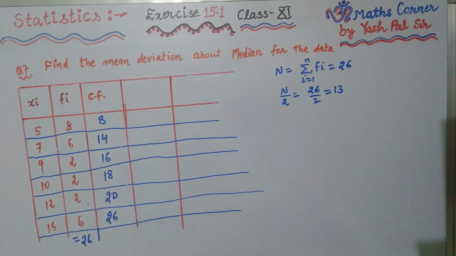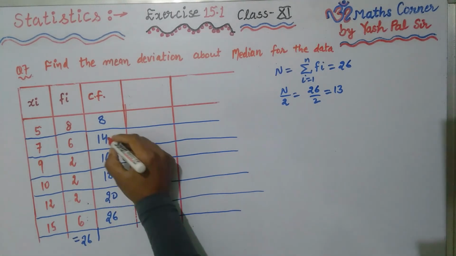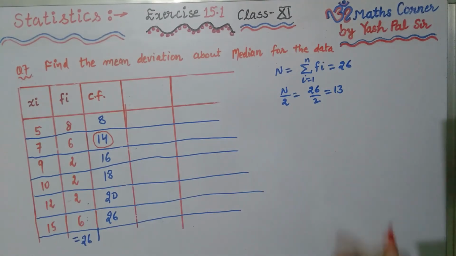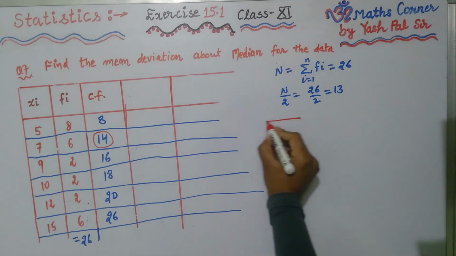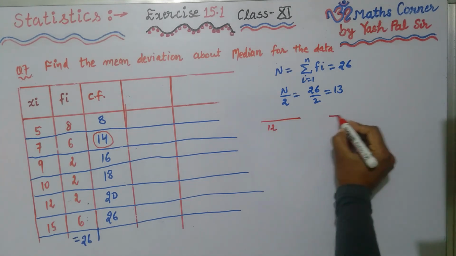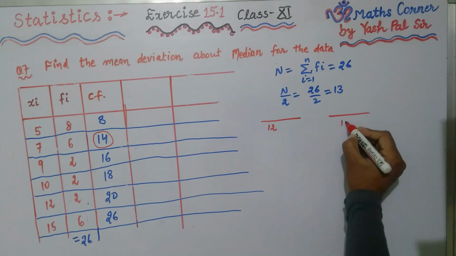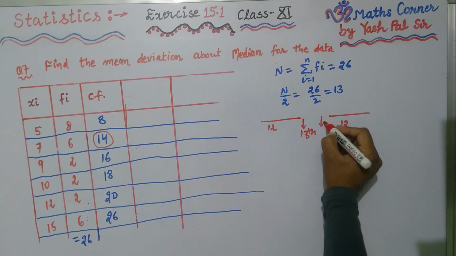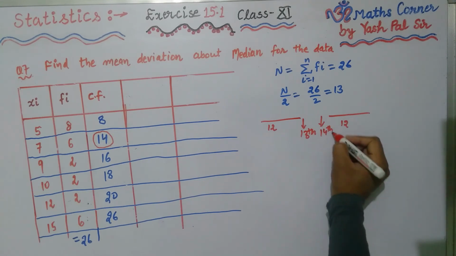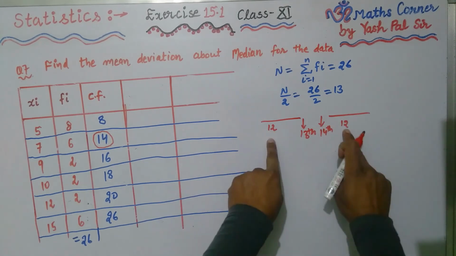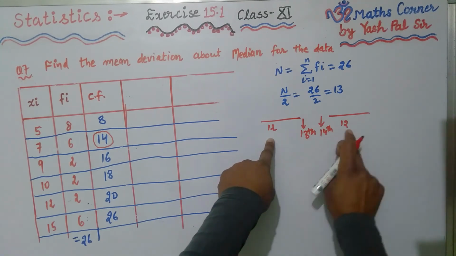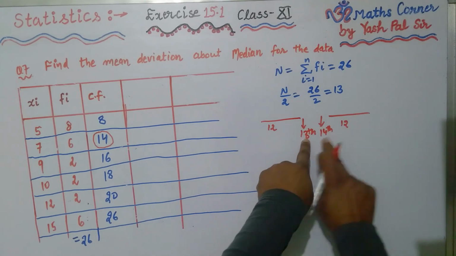So we put the circle here. 12 observations towards the left side, 12 observations towards the right side, with the 13th plus 14th observation in between: 12 plus 12 is 24, and 25, 26.